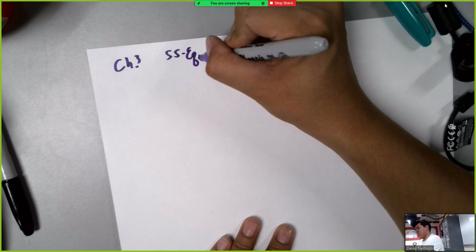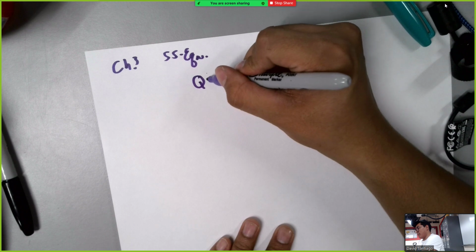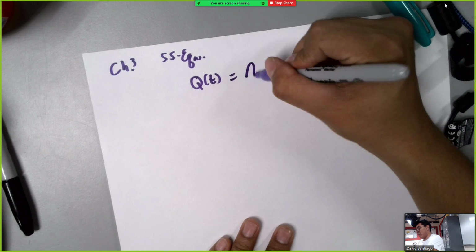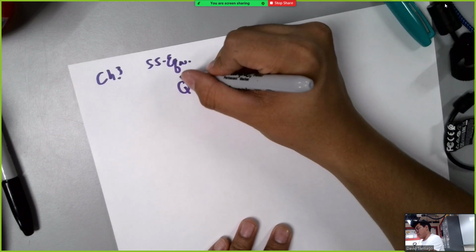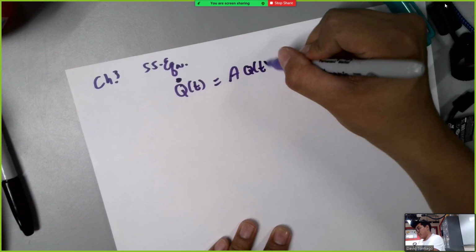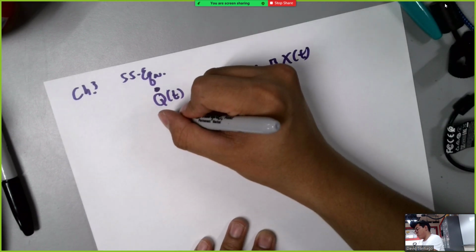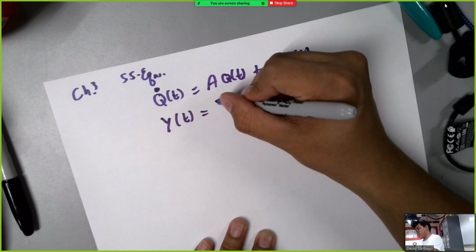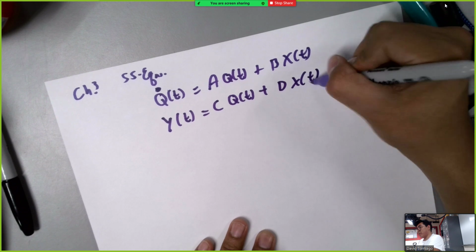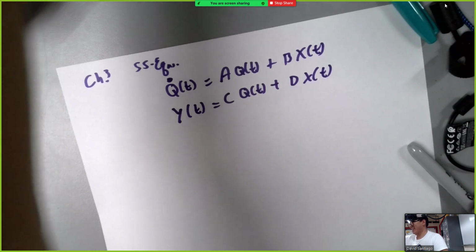We had q dot of t equal to A q of t plus b x of t, and then y of t is equal to c of q of t plus d of x of t. Remember that stuff? So what was the first thing I talked about in today's lecture?